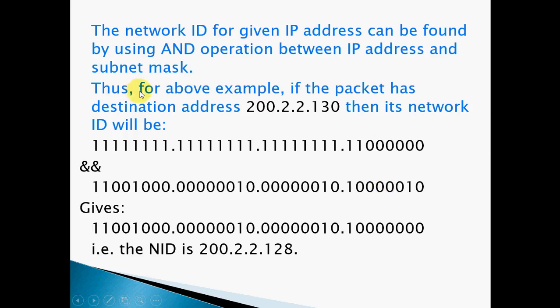For example, if a packet has destination 200.2.2.130 in the above example, then its network ID will be 255.255.255.192 AND 200.2.2.130. This gives the required network ID for this destination address, that is 200.2.2.128. We have represented the subnet mask and the IP addresses in binary numbers. So the subnet mask helps us to destine our packet.